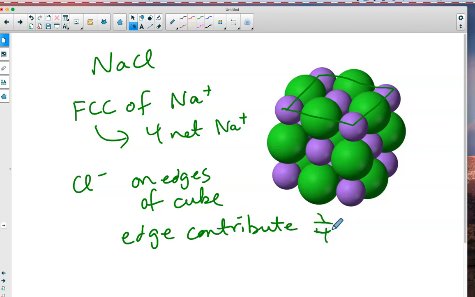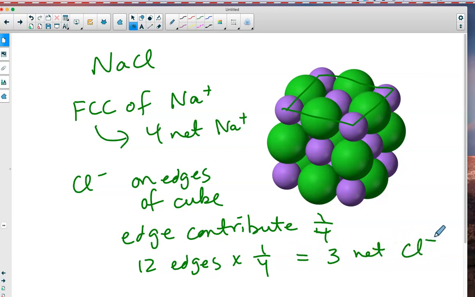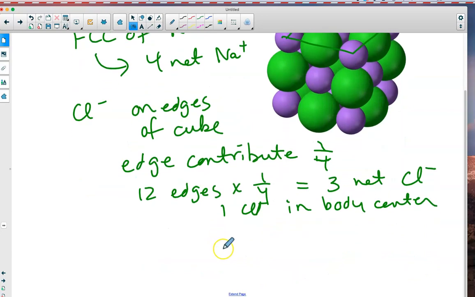So I've got 12 edges times 1/4, so there's 3 net chlorides there, and then you can't really see it, but there's 1 chloride in the body center. So that gives us 4 net chlorides also.